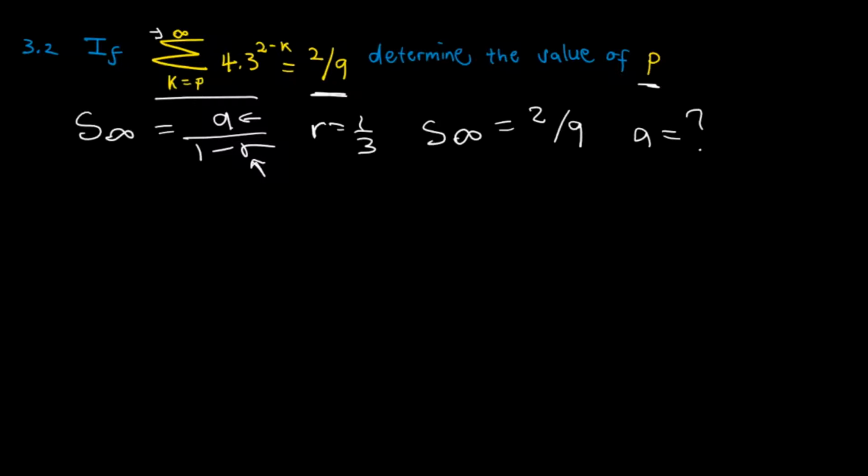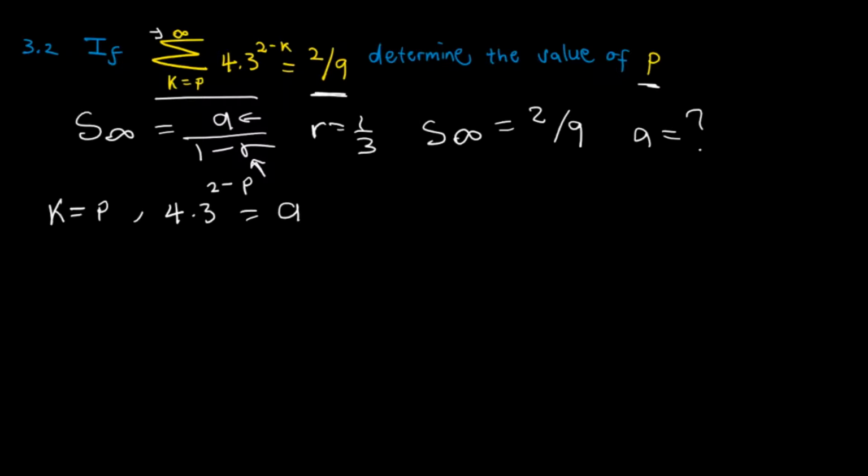So the first thing we're going to do is identify the value of a. So the value of a is found by first establishing k is equal to p, which in this case we're going to say is our first term. Then we're going to substitute the p in the formula. So it's going to be 4 multiplied by 3 to the power of 2 minus p. So this is going to be our value of a.